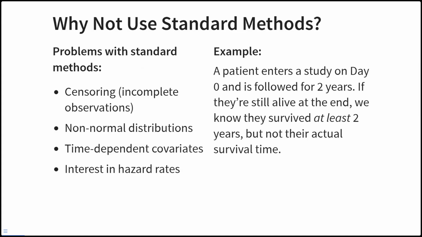Someone might ask, why are we not using standard methods? The problem with standard methods is that we have what we call censoring. Censoring is a situation whereby you are conducting an analysis on someone within a period. Don't forget we said survival analysis is time to event. But after the particular time you have put on your study, the event did not occur.